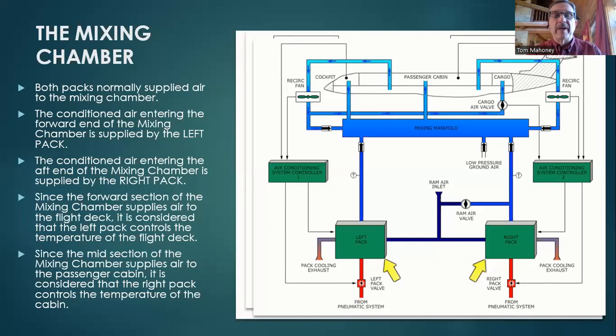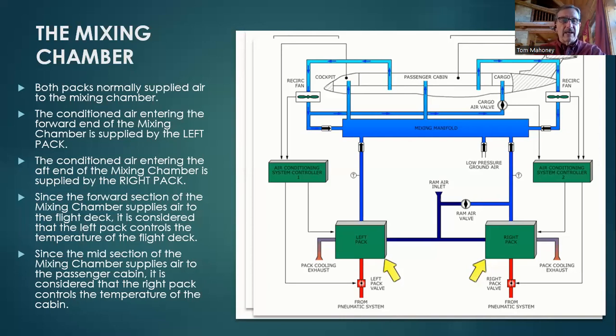Okay, so now moving along to the mixing chamber. We've covered this information just a little bit in the previous slides. We'll review it one more time just to drive the point home. Both packs normally supply air to the mixing chamber. The conditioned air entering the forward end of the mixing chamber is supplied by the left pack, and the conditioned air entering the aft end of the mixing chamber is supplied by the right pack.